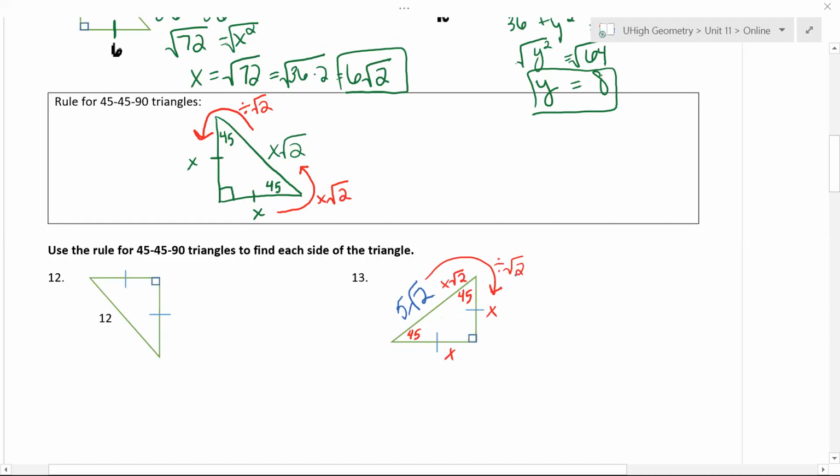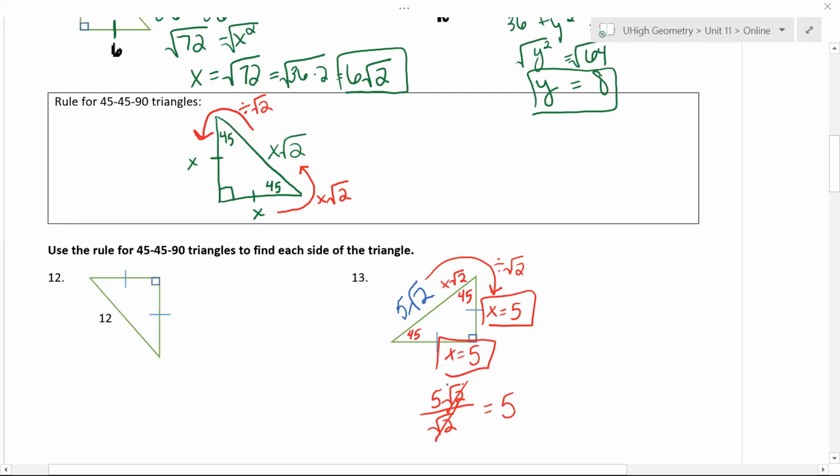So if I do 5 square root 2 divided by the square root of 2, my square roots cancel out and I'm just left with 5. So I know that my leg here is 5, and if they're congruent, my other leg here is also going to be 5. And I'm done.